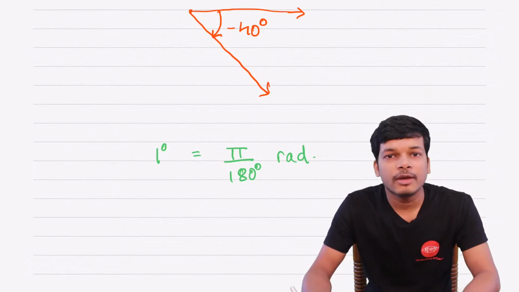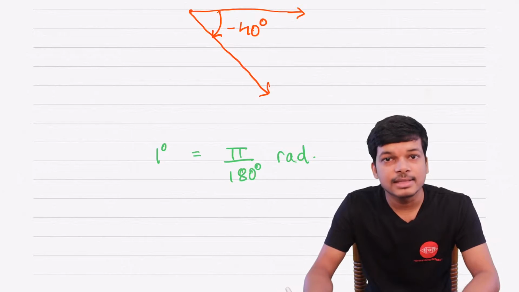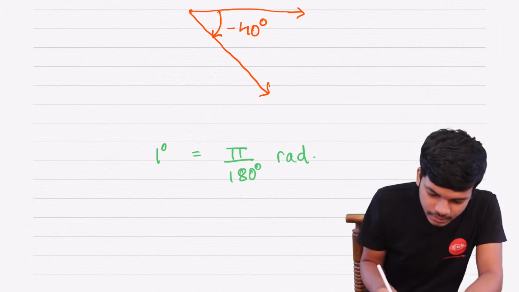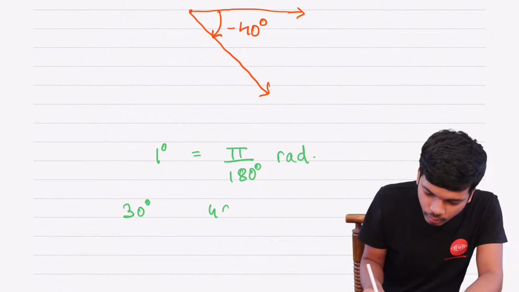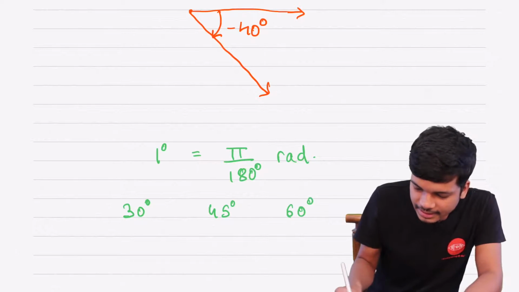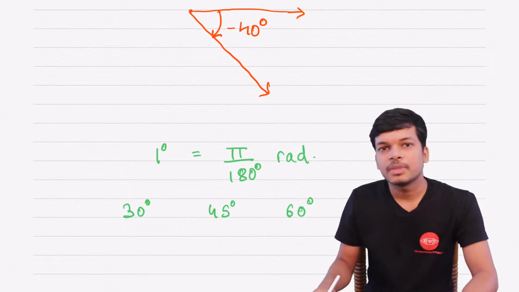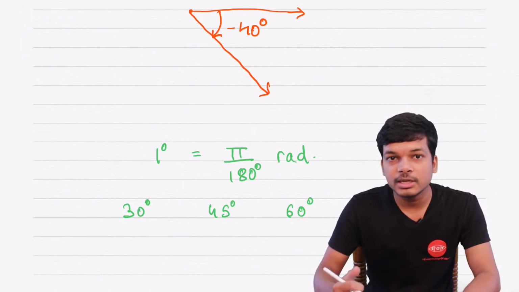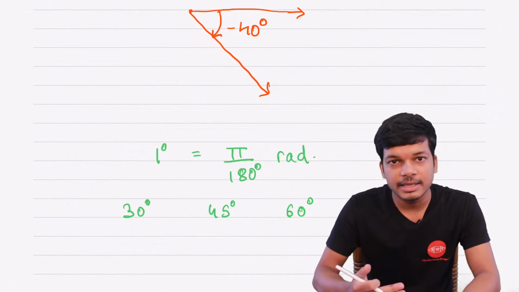Therefore you have calculated some of the angles earlier. Those were 30 degree, 45 degree, 60 degree and 90 degree. But in this chapter, instead of saying degrees, we will be using the term radians.